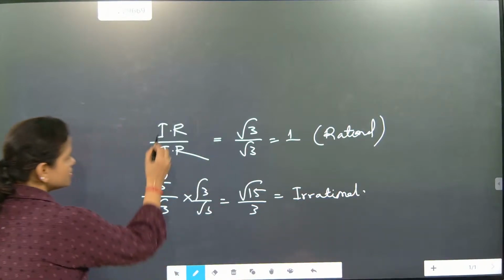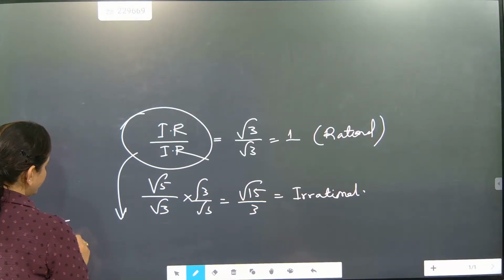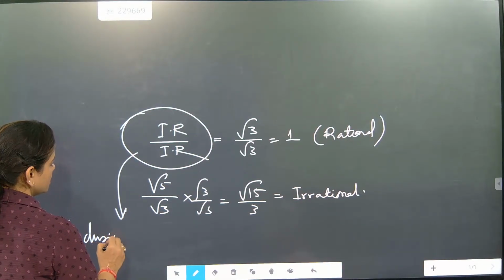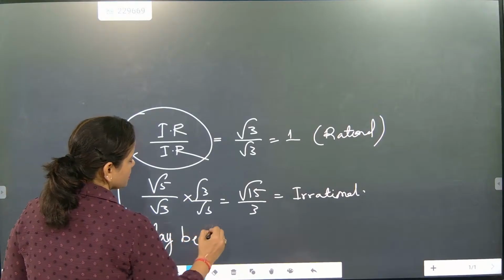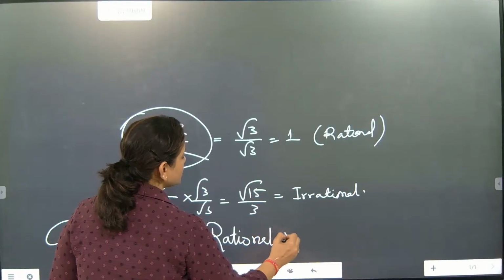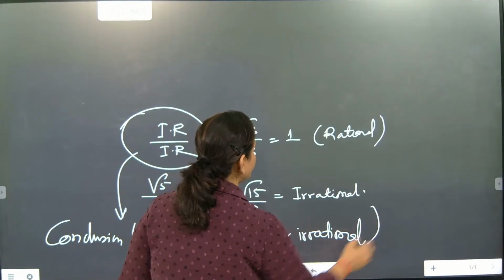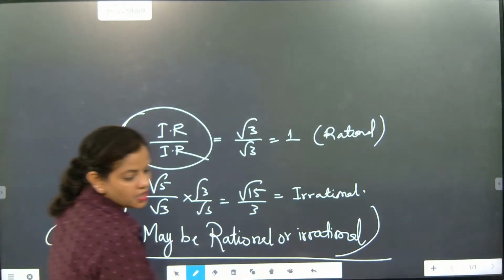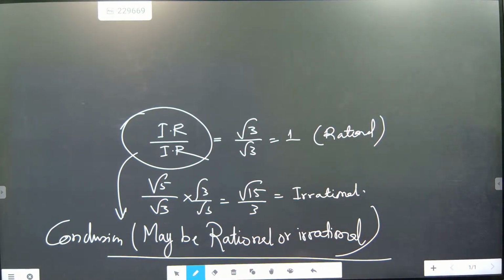So when irrational is divided by irrational, what is our conclusion? The conclusion is maybe rational or irrational. This is the most important conclusion. Always remember, in the case of division, it can be rational or irrational.